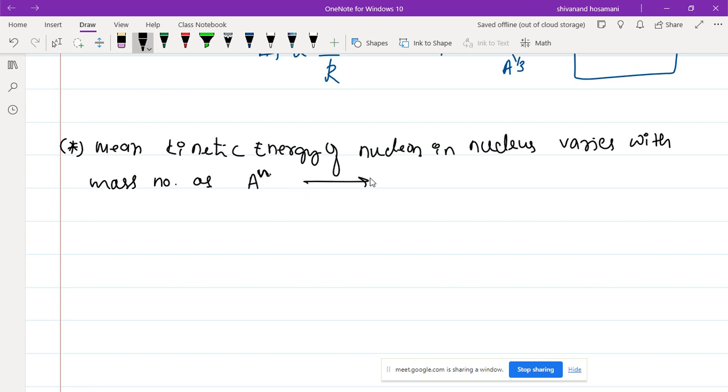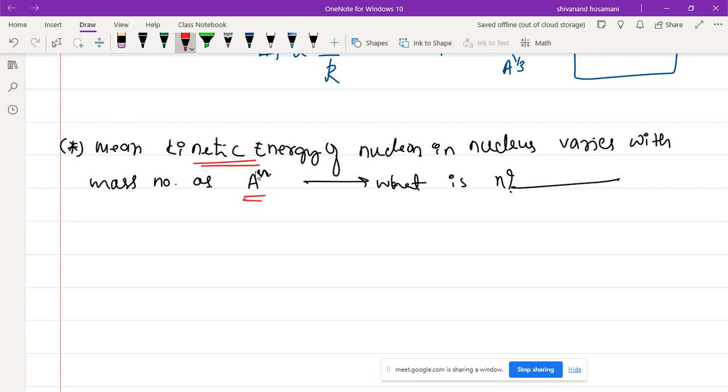So what is the n value? Anyone? Now they are asking about the kinetic energy. How does it vary with the atomic mass number A? So what is the value of n here? Anyone? Quickly.